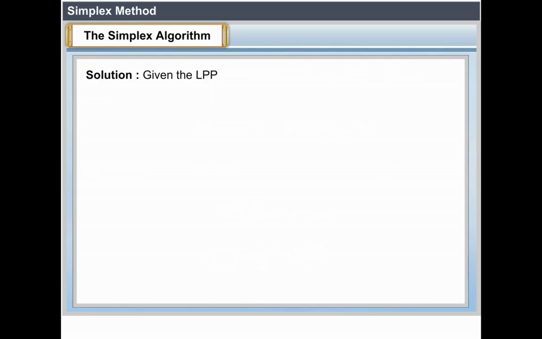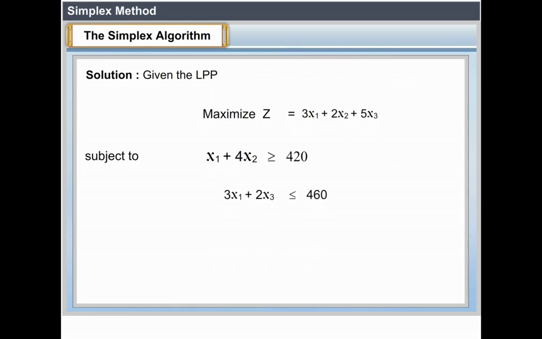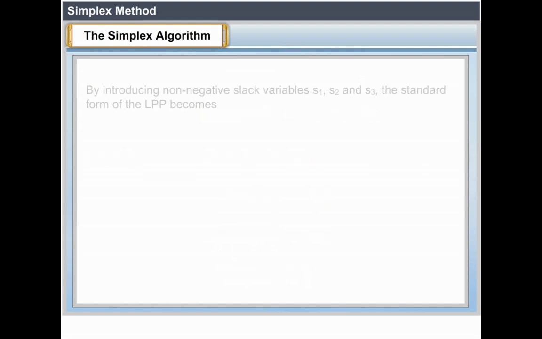Solution. Given the LPP, maximize z equal to 3x1 plus 2x2 plus 5x3 subject to x1 plus 4x2 less than or equal to 420, 3x1 plus 2x3 less than or equal to 460, x1 plus 2x2 plus x3 less than or equal to 430, and x1, x2, x3 greater than or equal to 0.